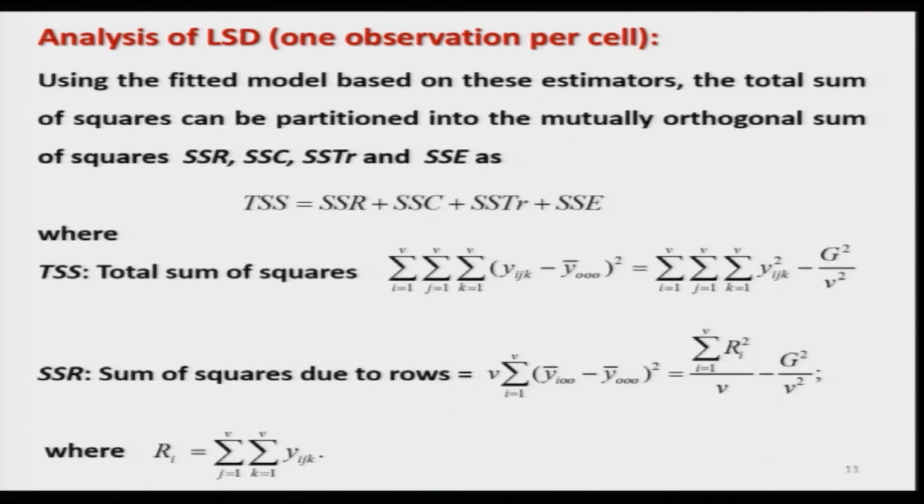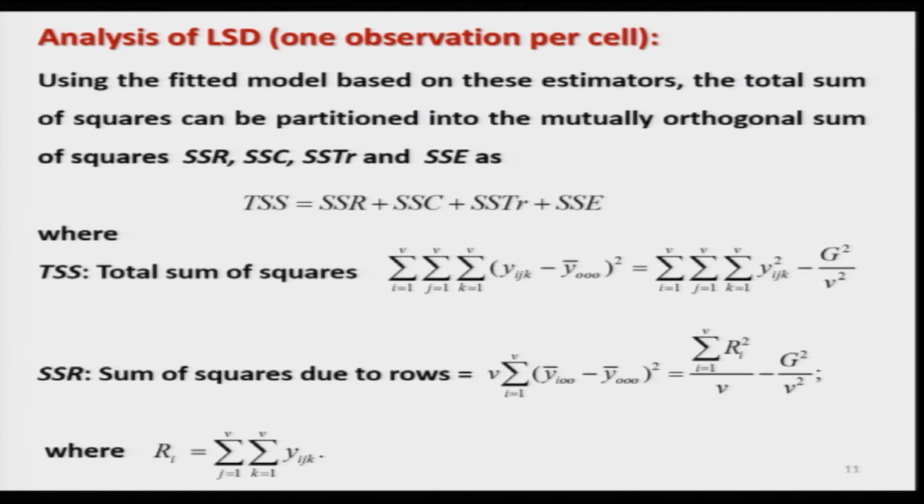Now, based on that, you can partition the total sum of squares into three mutually orthogonal sums of squares due to row, column and treatment, and one more sum of squares that remains as earlier, the SSE, the sum of squares due to error.